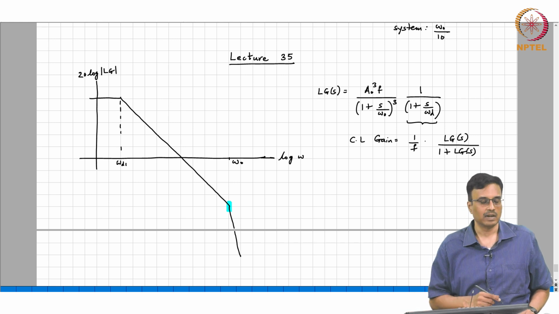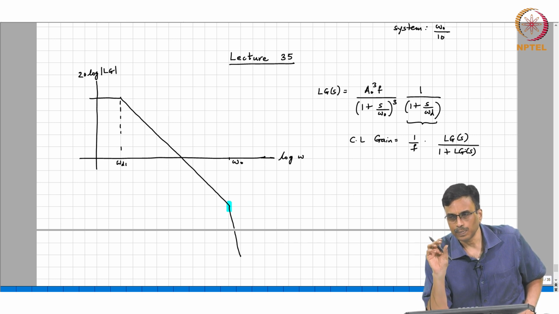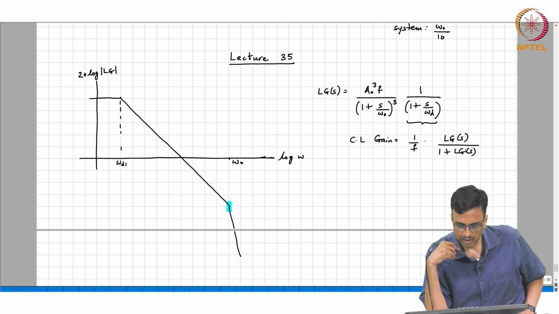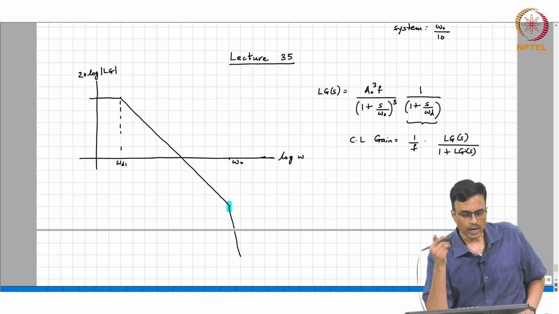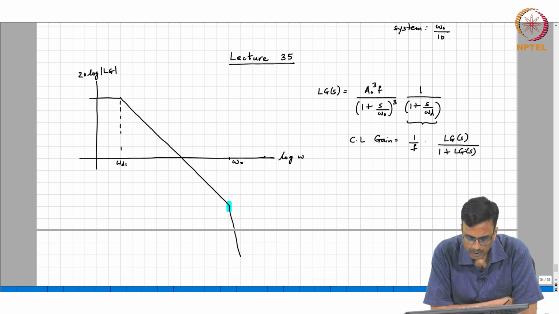So, if the angle of the loop gain becomes 180 degrees, but the magnitude is very, very small, then that 1 plus loop gain can never become 0, and therefore we don't really worry about the system becoming unstable because the magnitude response is so small already.